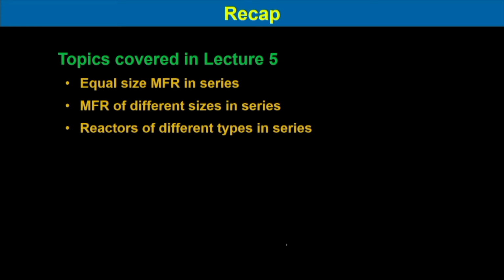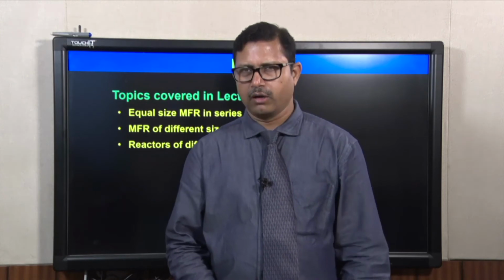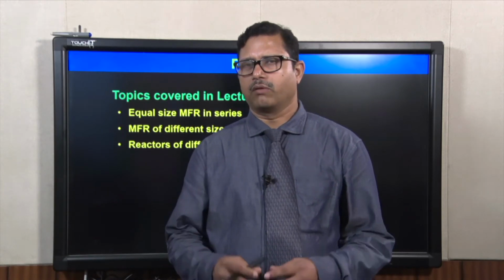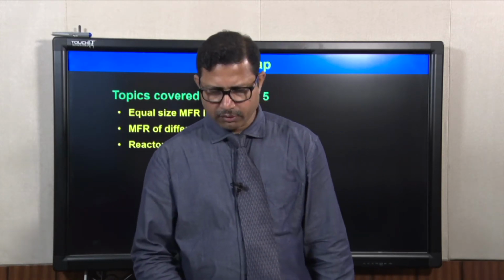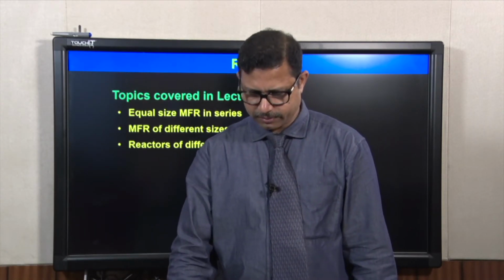Mostly the flow reactors, either continuous stirred tank reactor or plug flow reactor, how their sizes influence the conversion when they are connected in series, or for a given conversion what total volume is required, that we have covered in our last lecture.